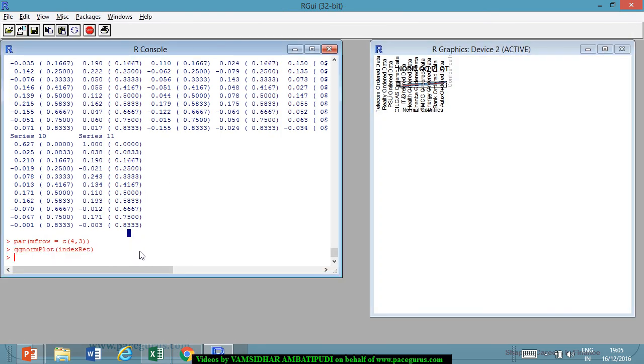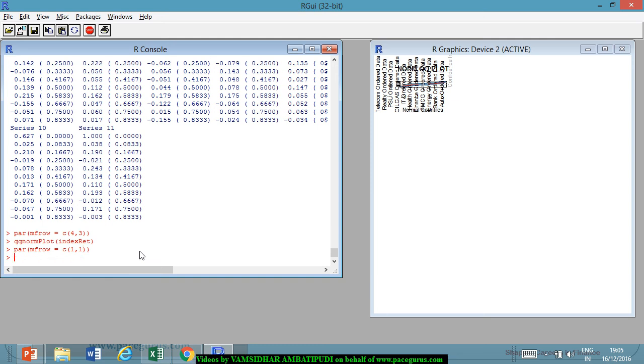Or let me make the par 1 comma 1 itself. QQ plot index ret.